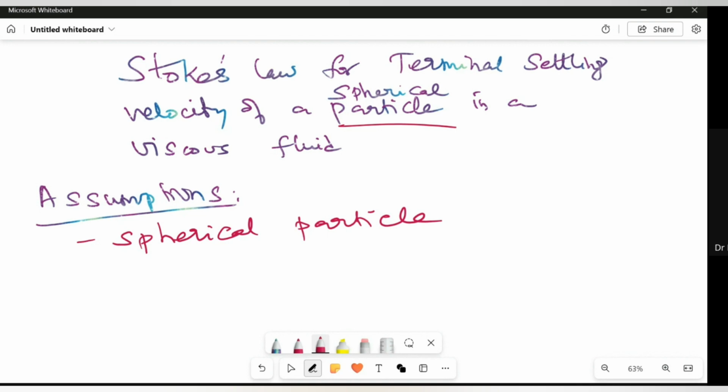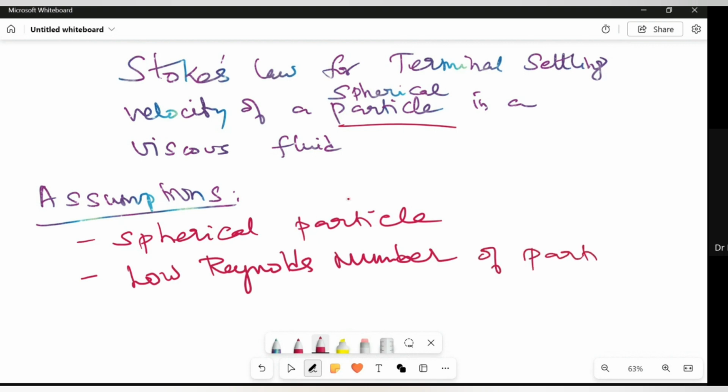The second assumption is that we are going to assume a low Reynolds number of the particle. For example, in fluid flow, we had Reynolds number equal to rho V d by mu.